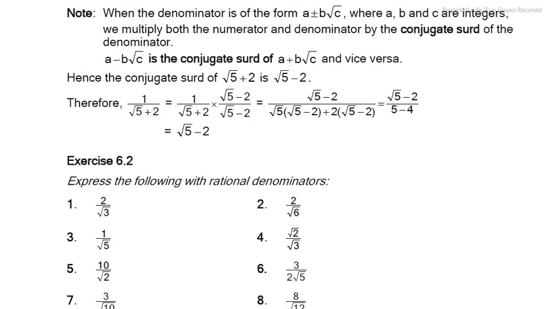Yes, you can try out as many examples as possible, because practice makes improvement and probably perfection.